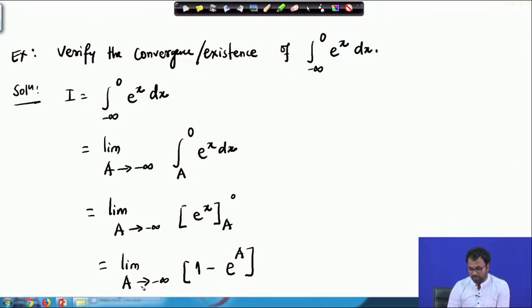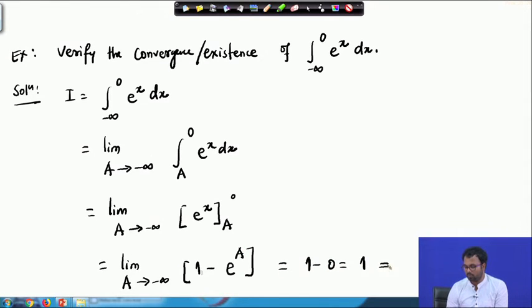All right. So, now when a goes to minus infinity, the first term is constant. So, it will remain unaffected, and the second term will go to 0, because e to the power minus infinity will be 1 by e to the power infinity, and that will be basically 0. So, this will be 1 minus 0.